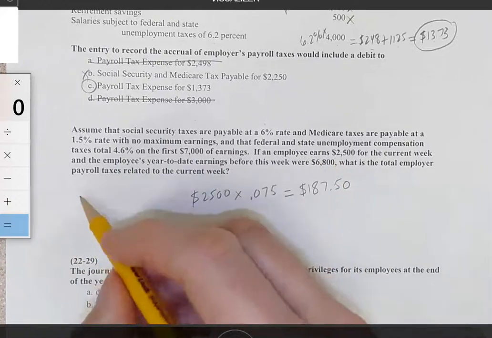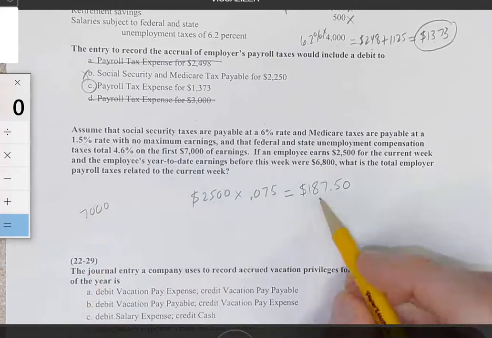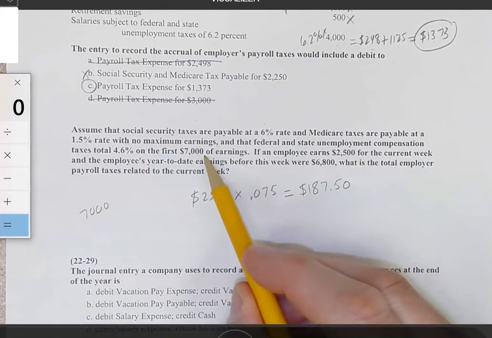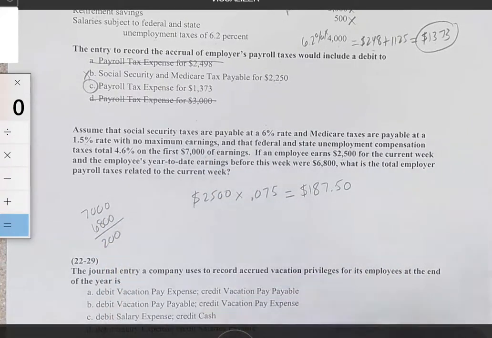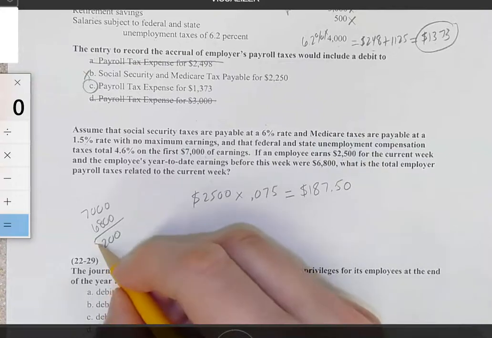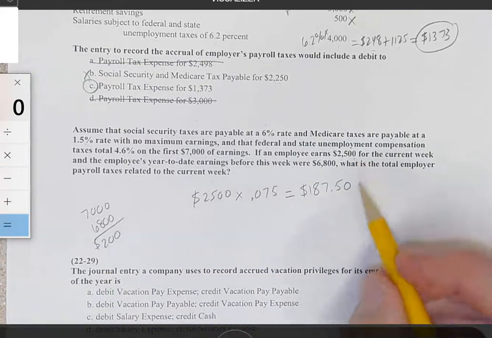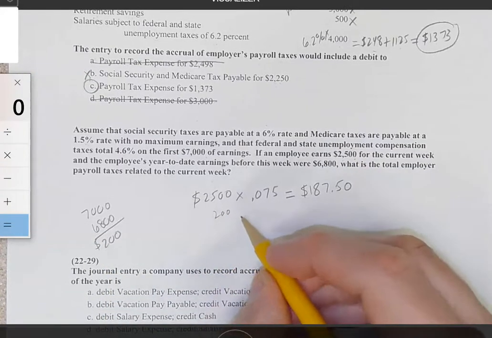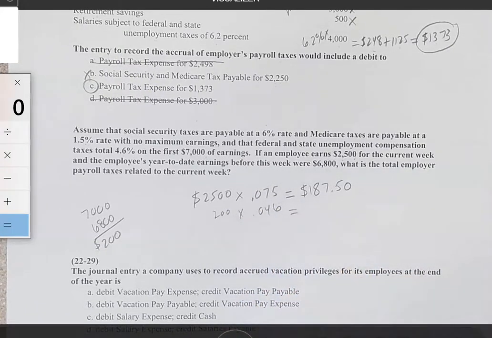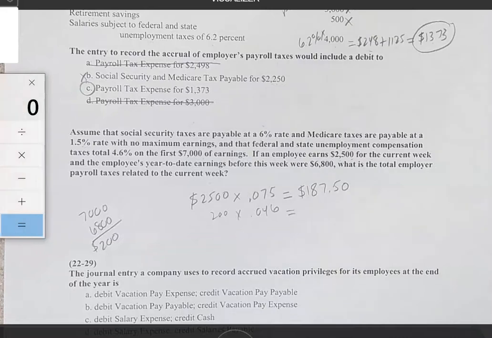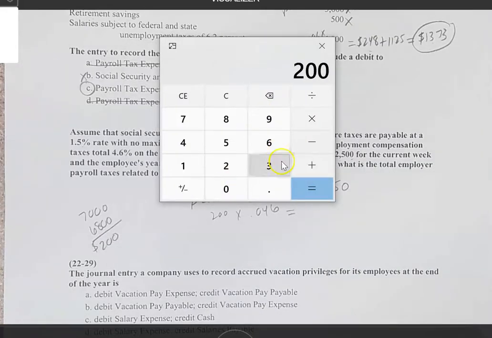So we take the 7,000 earnings cap and subtract out what we've already paid taxes on, and we come up with $200. There's $200 of this 2,500 that we're going to have to pay 4.6% on. So if we take $200 times 4.6% in decimal form, we come up with $9.20.